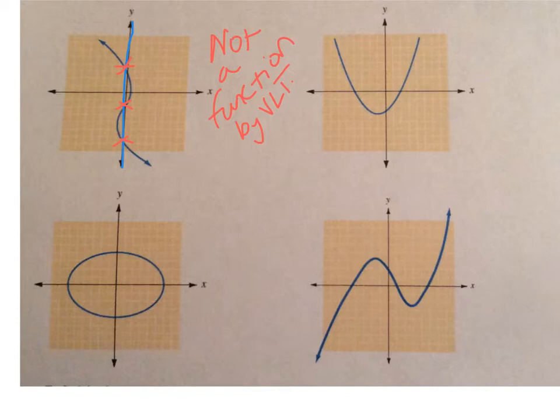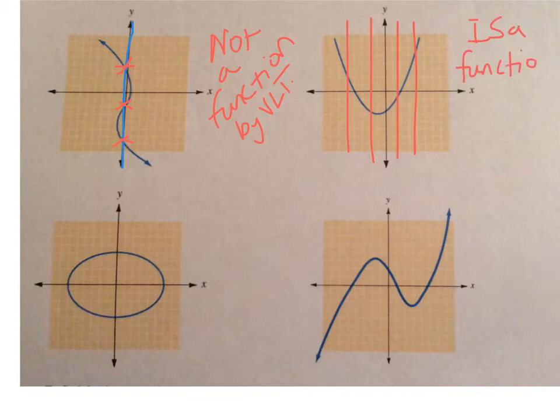This one, however, does. No matter where I draw a vertical line, it's only going to pass this graph in one place. So this is a function by VLT. What do you think about this circle here? Or it's not a circle, it's sort of an oval shape here.